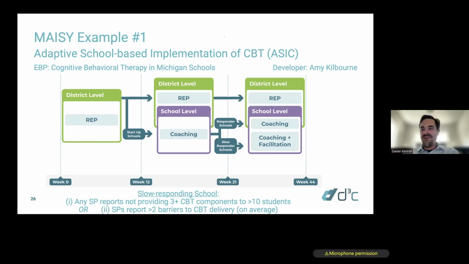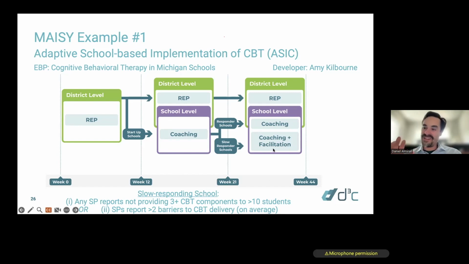It's kind of like you're either actually slow responding or slow responding in the wishful sense. Like, man, they have their ducks in a row, but they seem to really have all these barriers. They don't want to be slow responding, but they are. And then there's, of course, slow responders that are just slow responders because they're not delivering CBT. So for either one of those reasons, we then add facilitation.